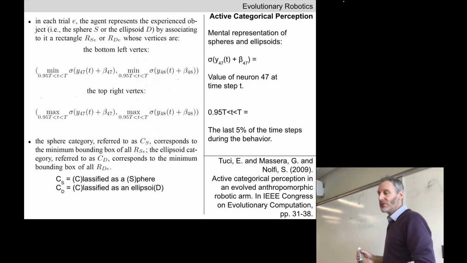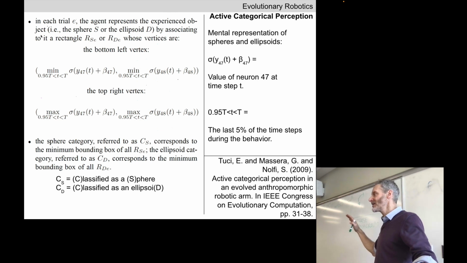Okay, how do they do this? They're going to define a few variables. They're going to ask the agent or the robot to represent the experienced object. Is the robot experiencing or in the presence of a sphere S or an ellipsoid D?